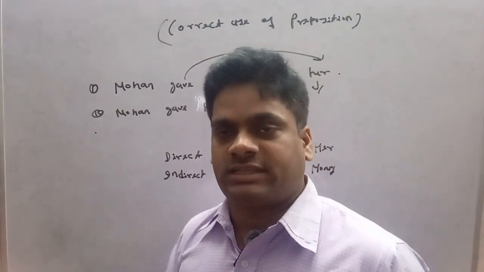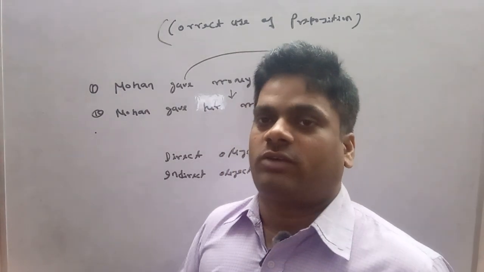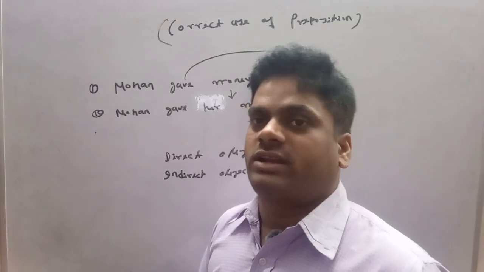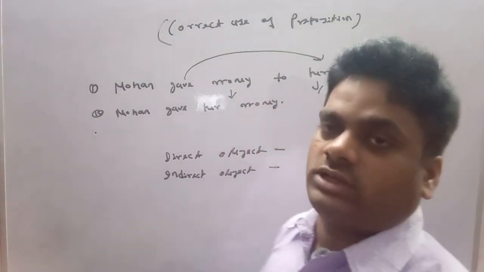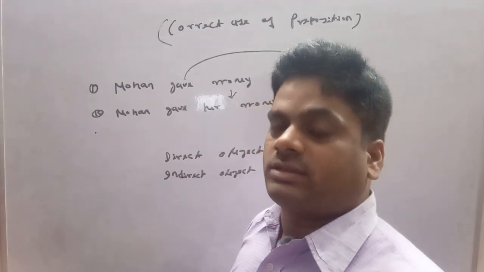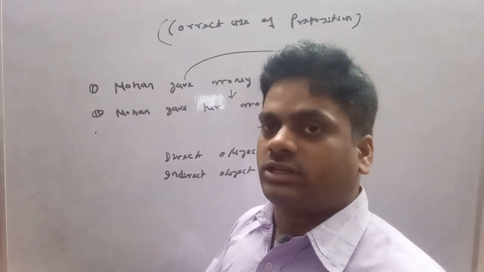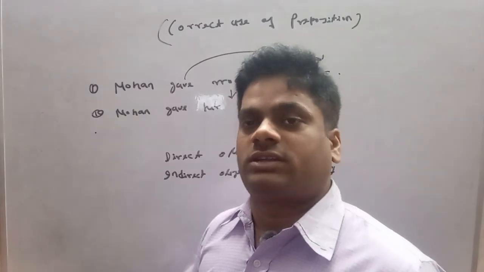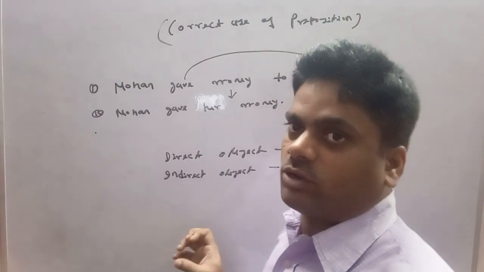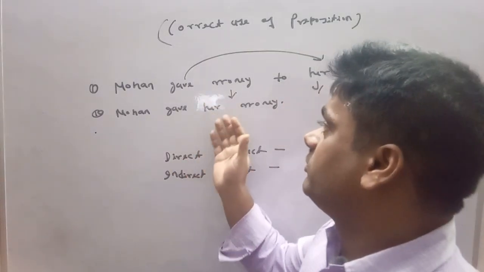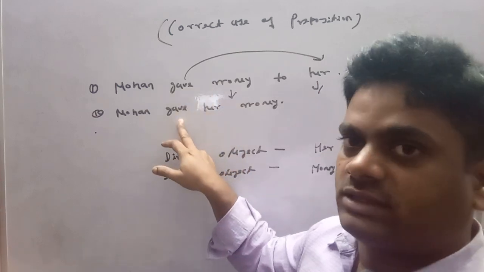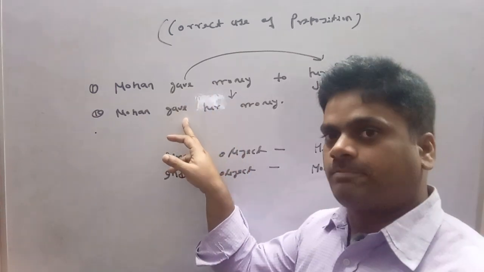But in case of a sentence where a verb is supposed to find out its primary object, then we would not require any type of preposition to associate the primary object to its secondary object. As such is applicable in case of first sentence, but it is not applicable in the second sentence.